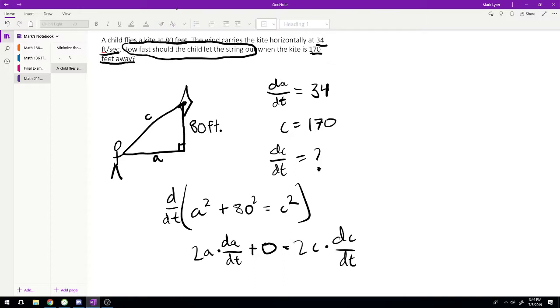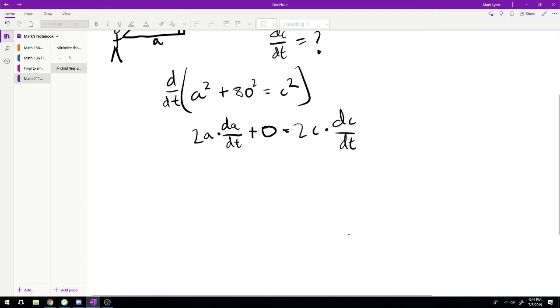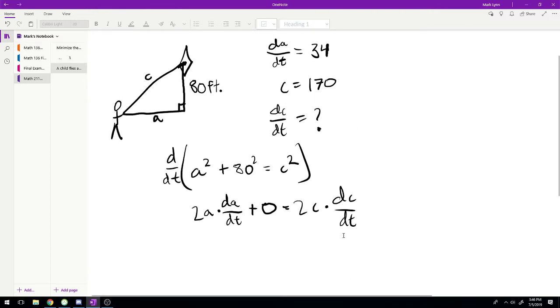Now I'm going to plug in the pieces of information that I know. I know that dA/dt is equal to 34, and I know that c is equal to 170.